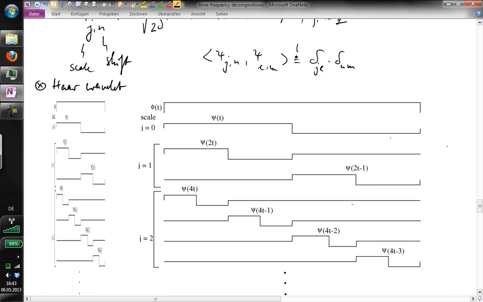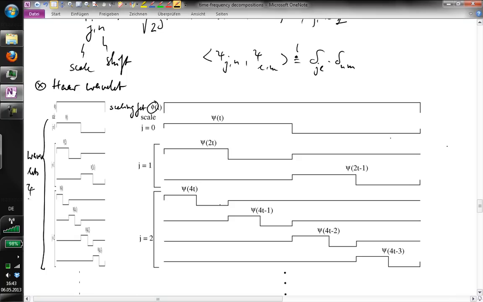Shown on the right are also the basis functions, but such that you can actually read the symbols. What you have here first is the scaling function, which is usually written with a phi, and the rest are all wavelets that are traditionally written with a psi.